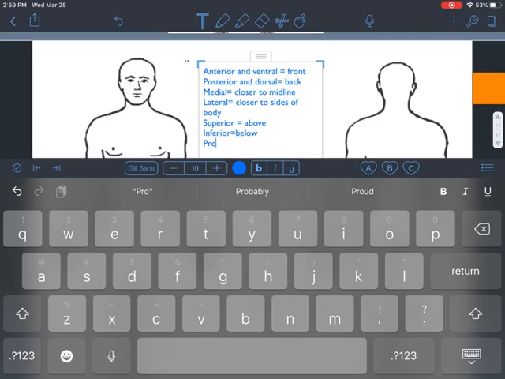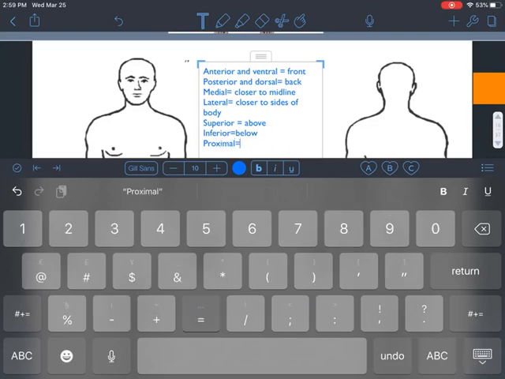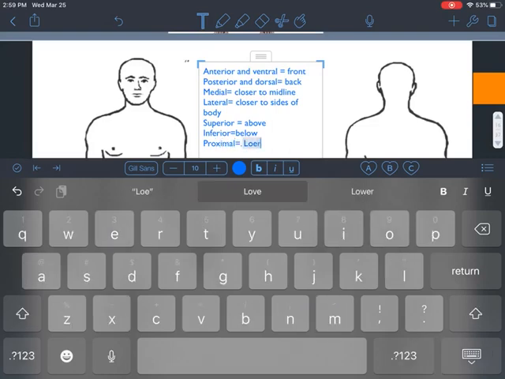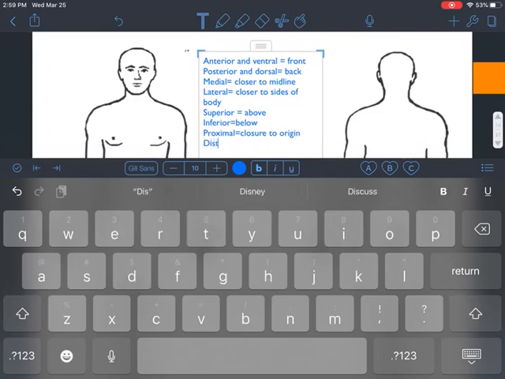Proximal, closer to origin. Sorry, I'm not a good speller. Distal.